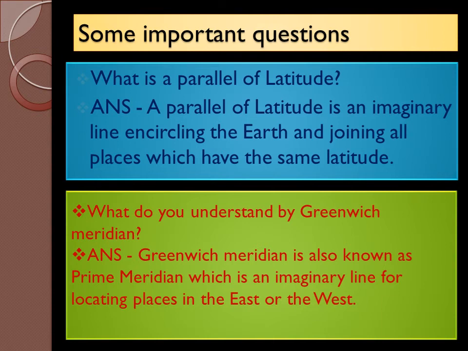Next is, what do you understand by Greenwich meridian? Answer is, Greenwich meridian is also known as prime meridian, which is an imaginary line for locating places in the east or the west.